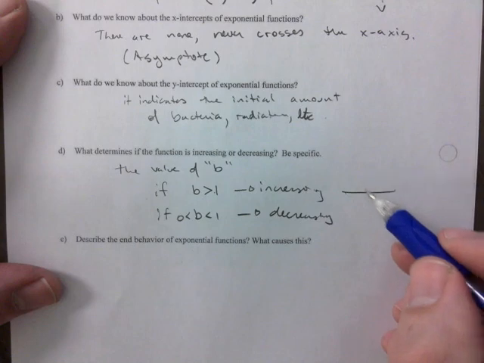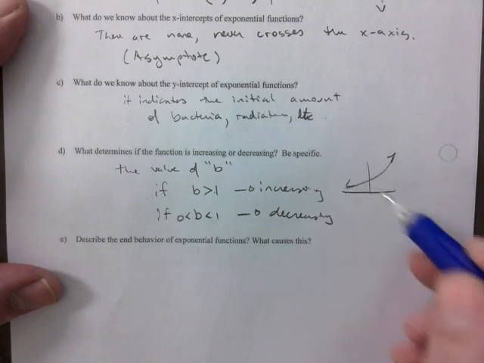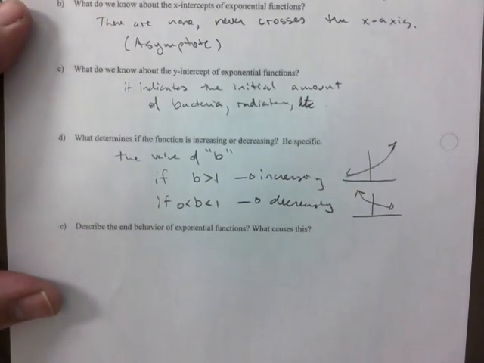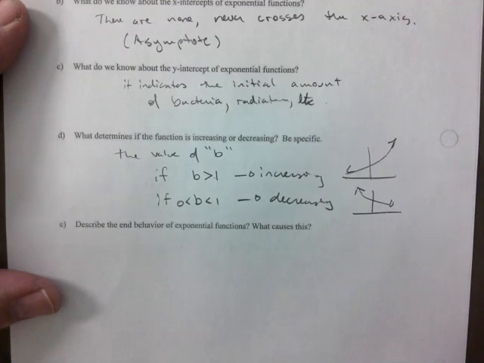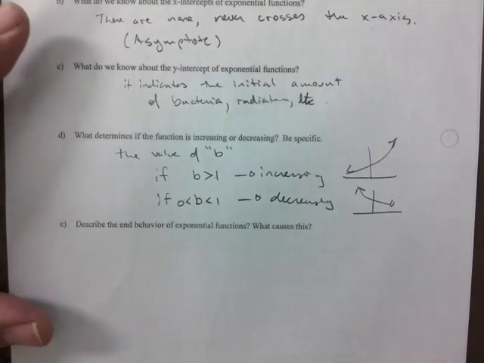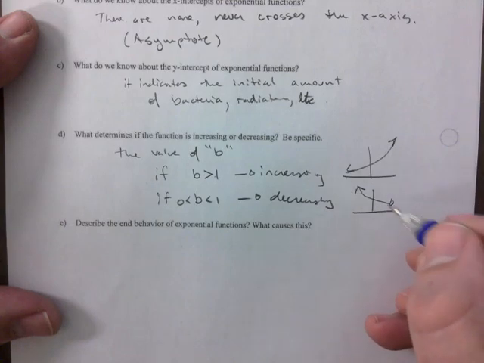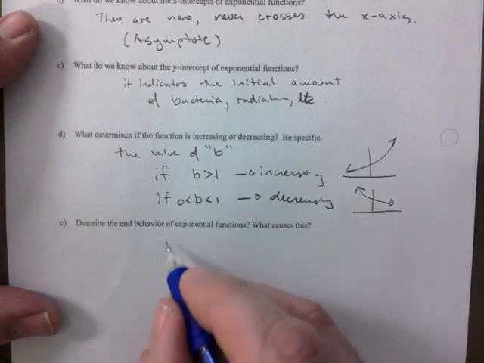So increasing, right? Go like this. Decreasing, go like this. Describe the end behavior of exponential functions. What causes this? It's always Q2 to Q1 or Q1 to Q2. It doesn't matter.